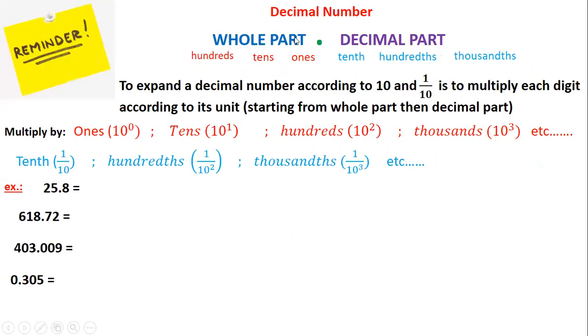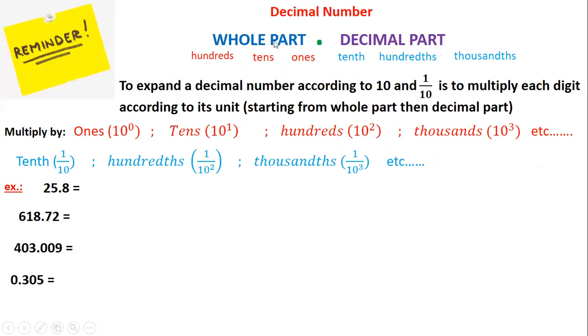First, I will remind you of a decimal number. In a decimal number, of course, we have a point. This is the point. To the left of the point, we always have the whole part. To the right of the point, we have the decimal part.